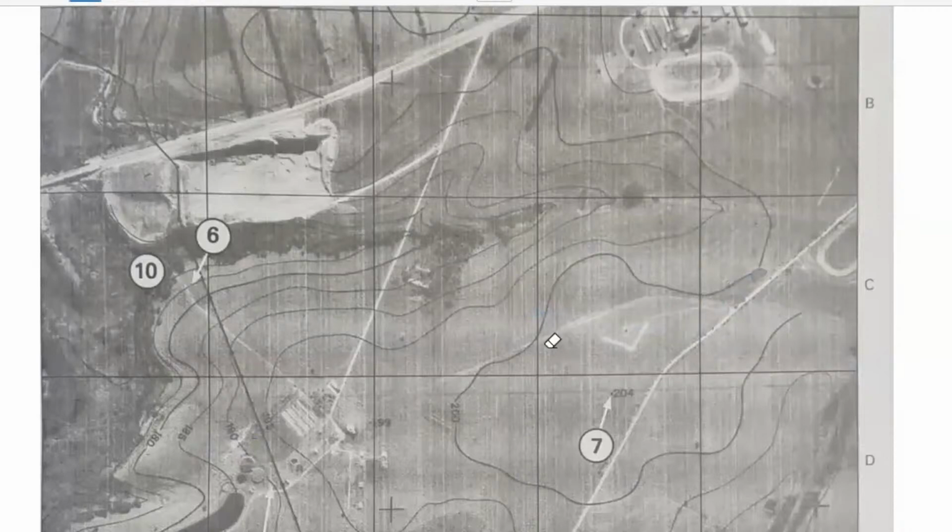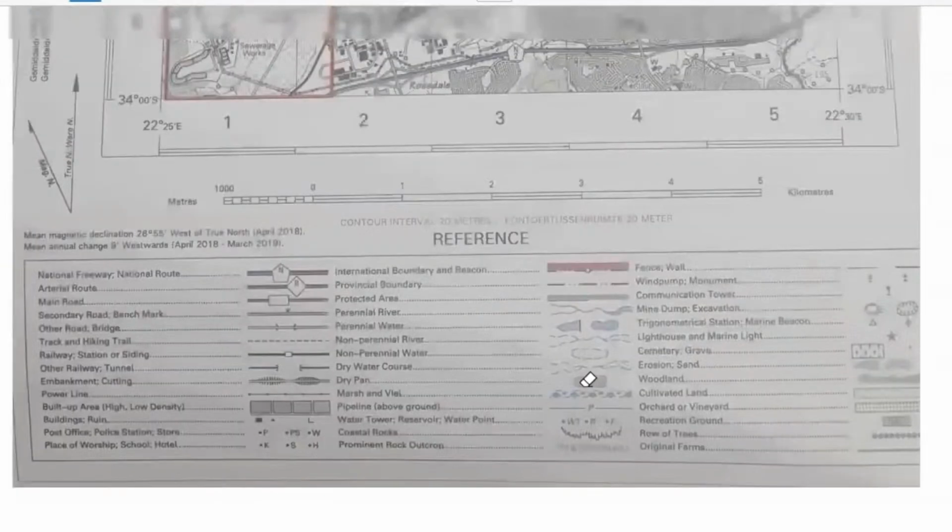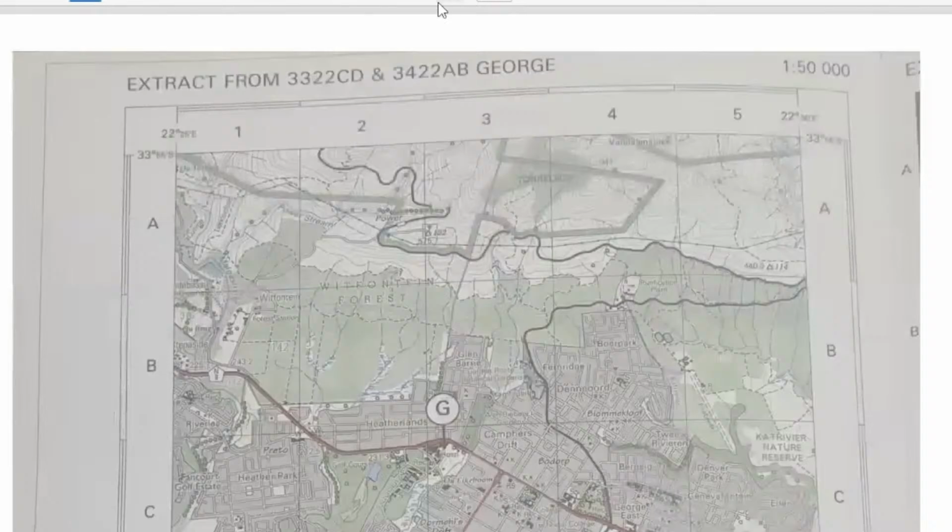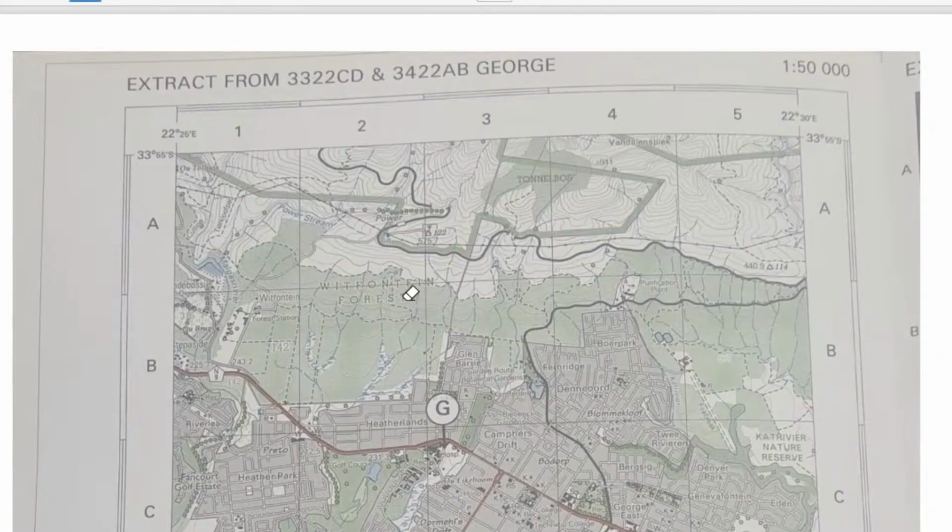You don't need to stress about those ones. They are already there on the map reference. We know well that the reference there is the one that counts as the lines of latitude and the lines of longitude. So if we check, the extract is 33 22. So automatically it means our 33 is there and our 22 longitude is there.